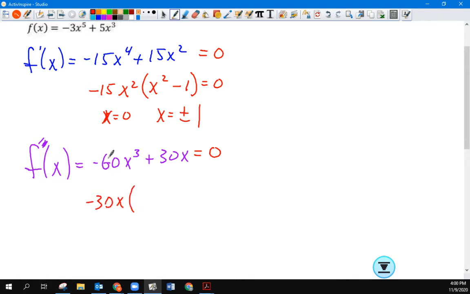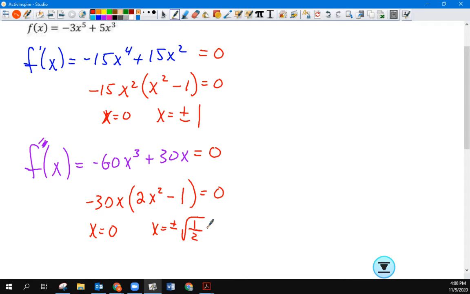When we take out negative 30x here, we're left with 2x squared, and when we take out negative 30, we're left with negative 1 equals 0. So our zeros of our second derivative are 0, and when you set this equal to 0, you're going to get x equals plus or minus the square root of 1/2.